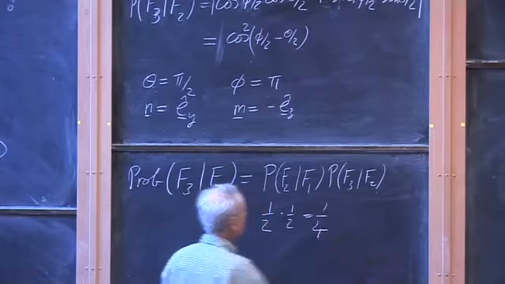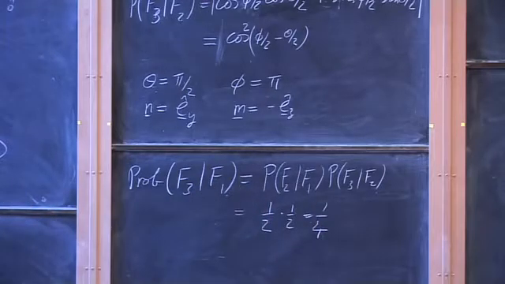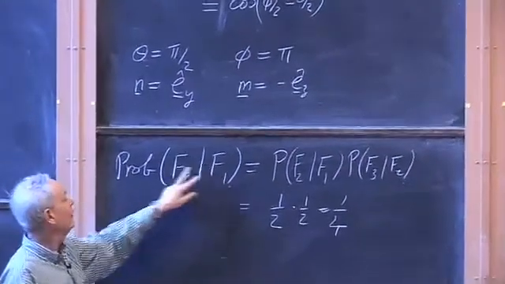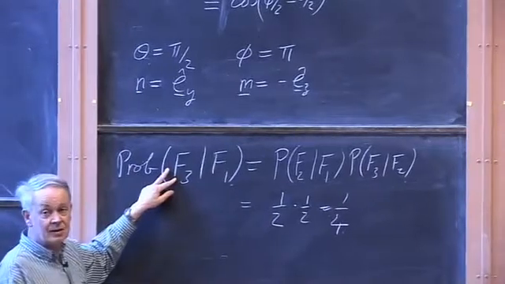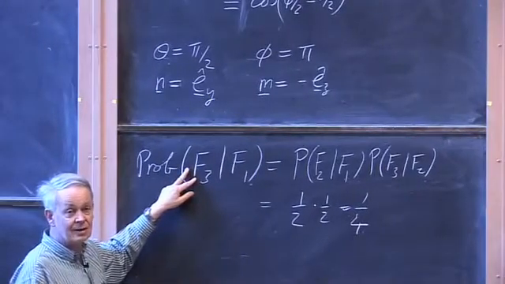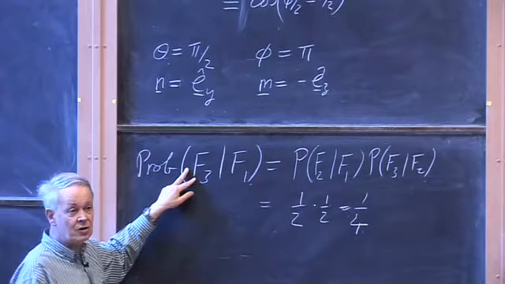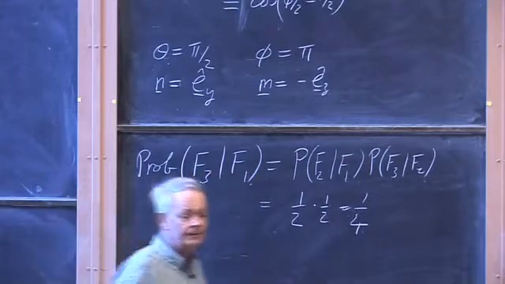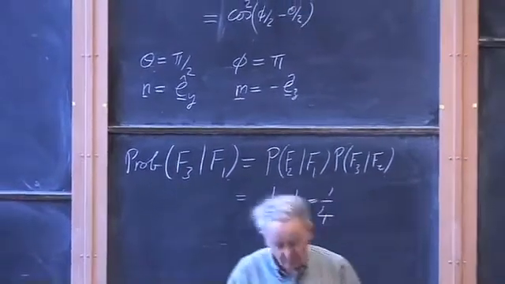So it's a quarter. So a quarter of the particles which emerge with their spin, quote unquote, in the z direction, are found eventually to have their spin in the minus z direction. And this is concrete evidence that the second filter hasn't just measured the spin of the particle, it's changed the spin of the particle. It's redirected it.